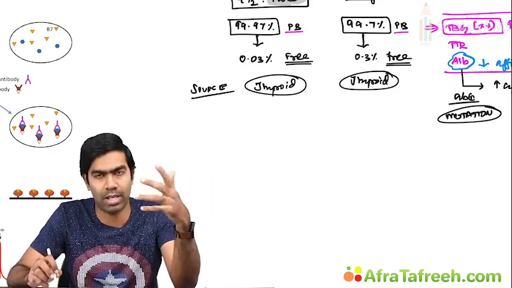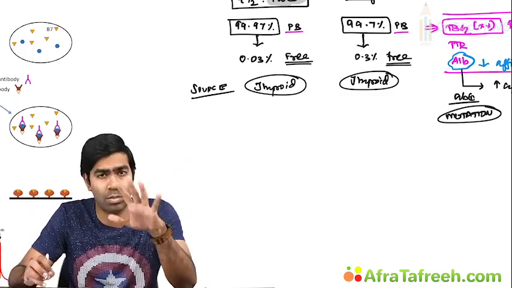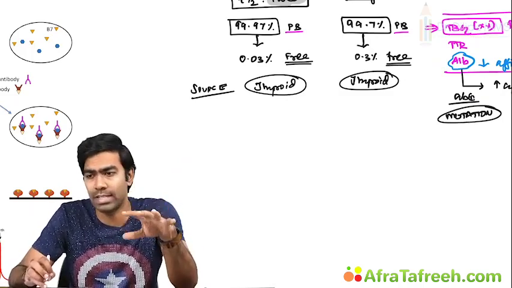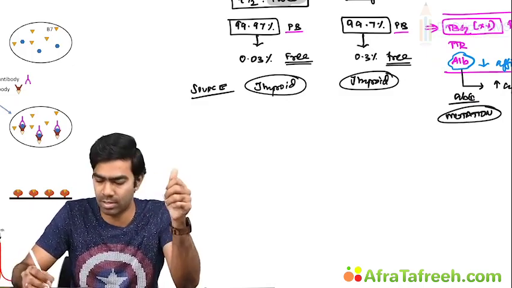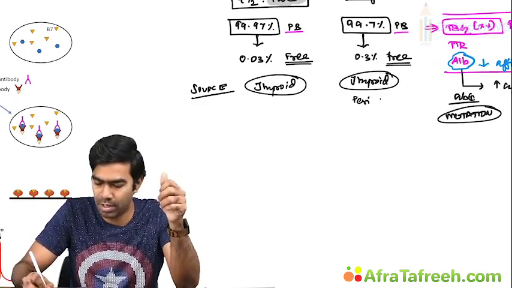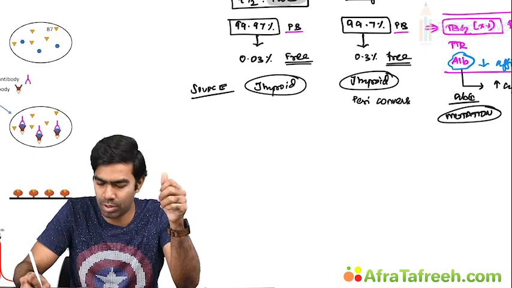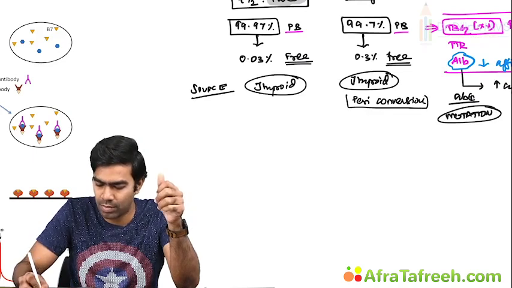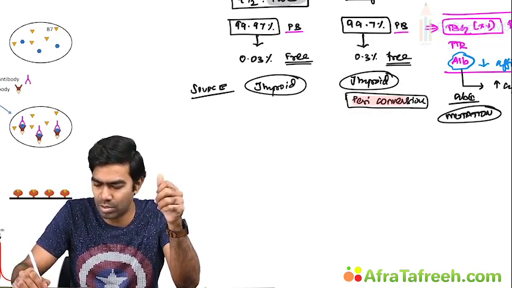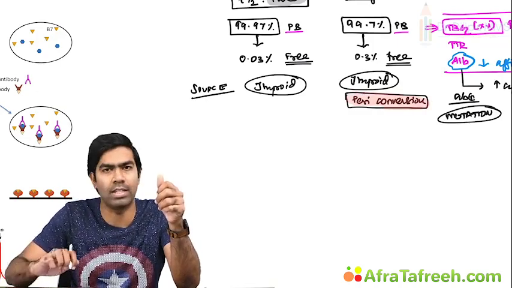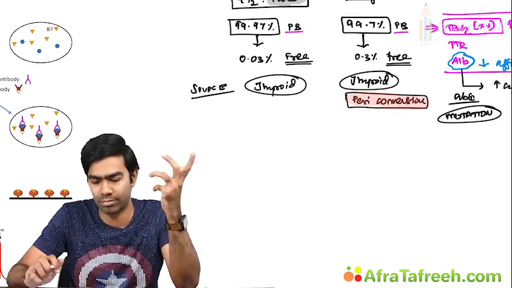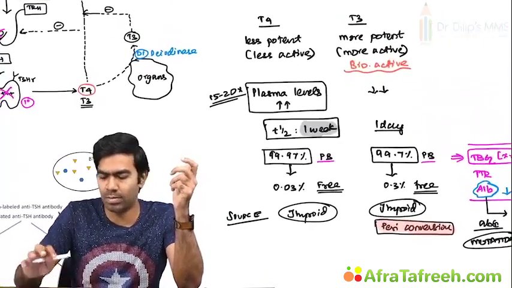You know that thyroid gland does secrete a little bit of T3, but the most important source of T3 is not thyroid gland. It is peripheral conversion. Very, very important point. It is peripheral conversion. This is the major source of circulating T3 in the blood. Clear? So these are some of the differences between T4 and T3.